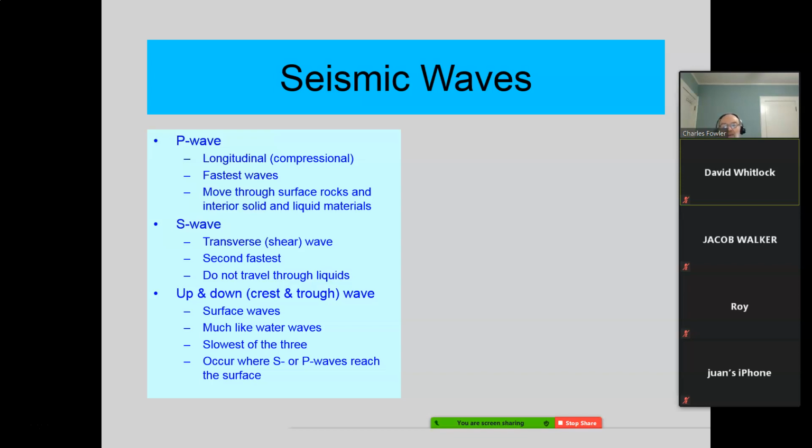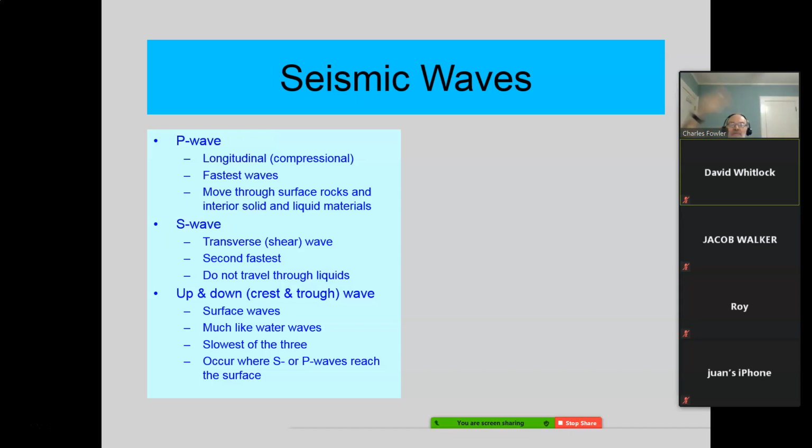And then finally, when a wave reaches the surface, these have been waves inside the earth, through the materials in the earth, because most of your earthquakes are deep in the earth, somewhere in the earth. Okay, these are the waves that bring that energy out. When they finally reach the surface, you'll see surface waves. They're a lot like water waves.